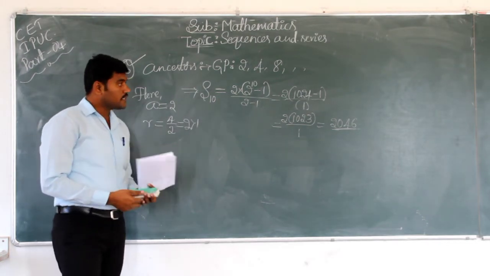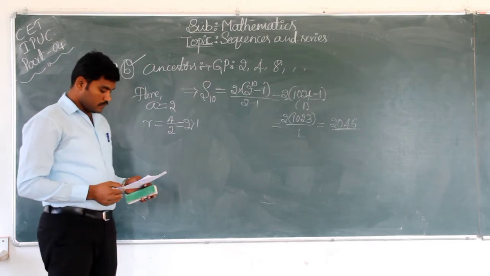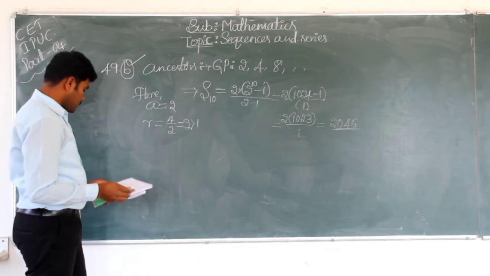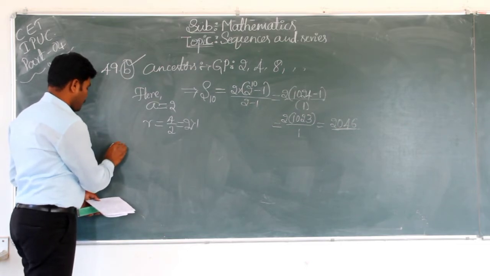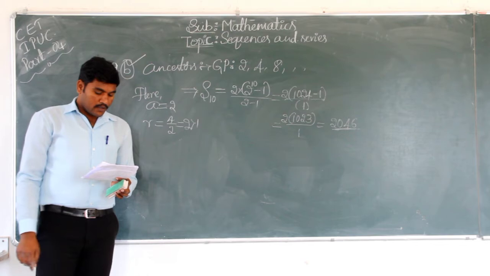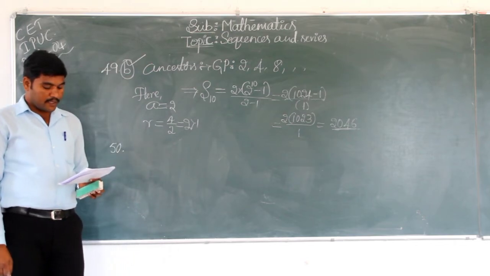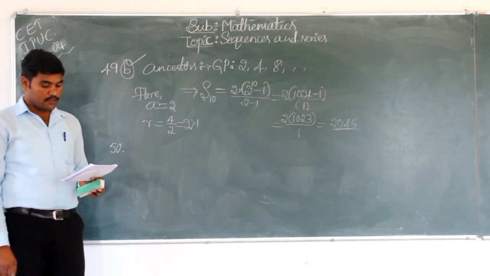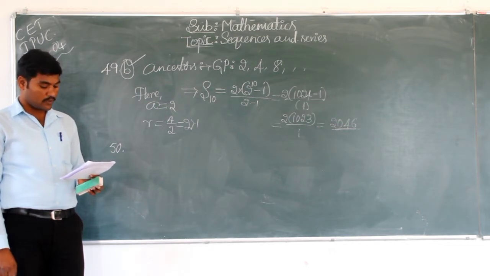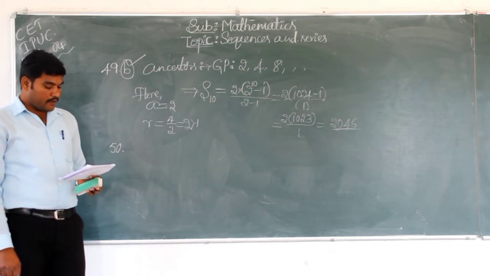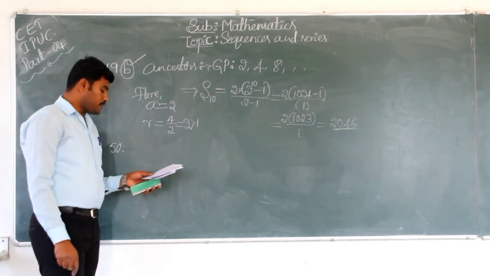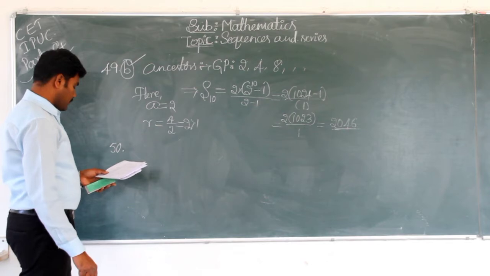Okay, and this next problem. Question number 50. Find the ninth term and general term of the progression. The progression is 1 by 4, minus 1 by 2, 1, minus 2 and so on. So here we have to find the ninth term of the geometric progression.